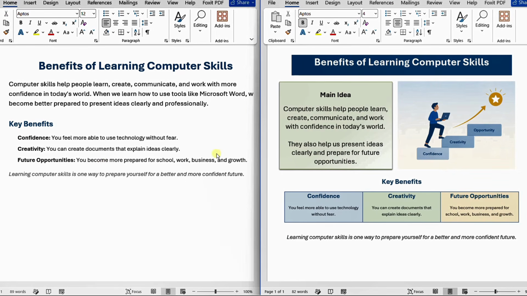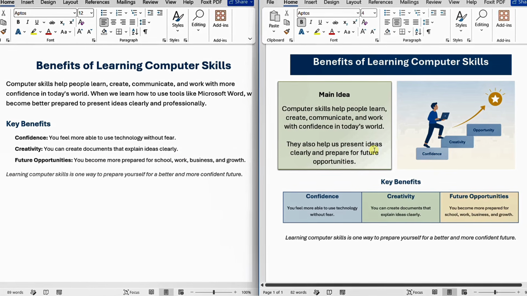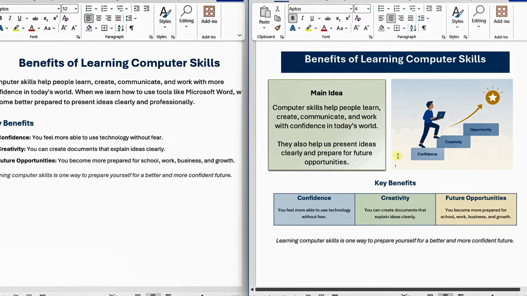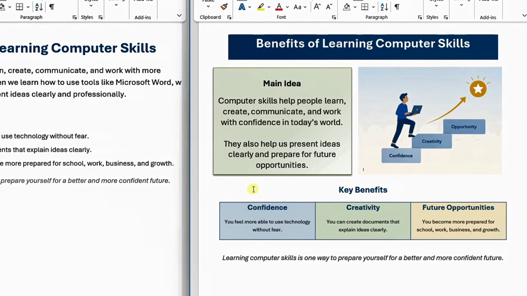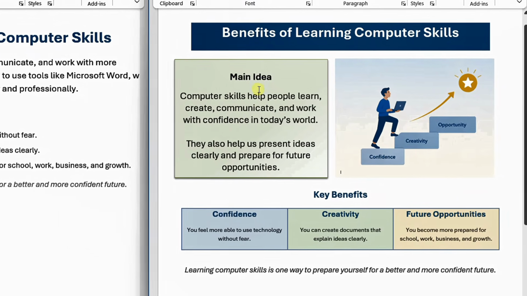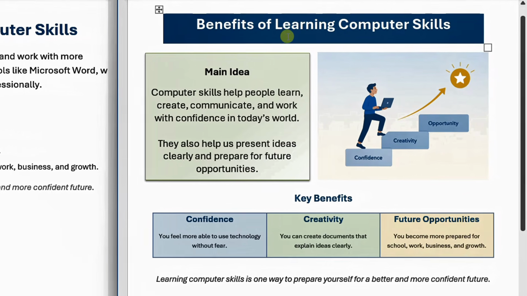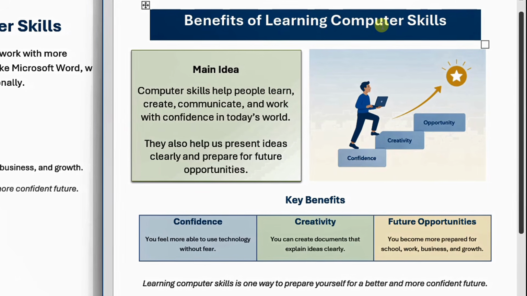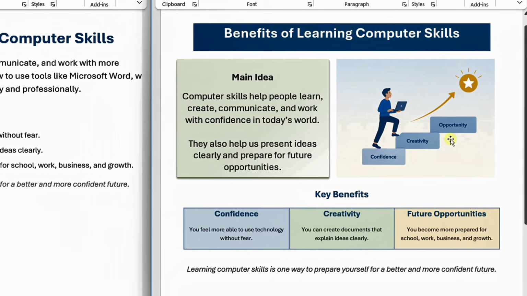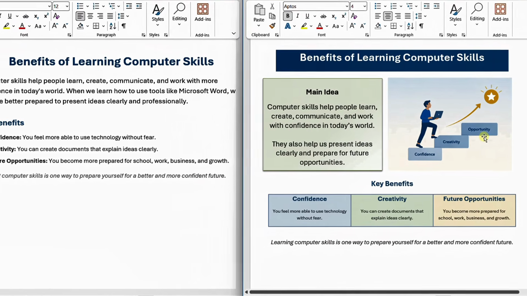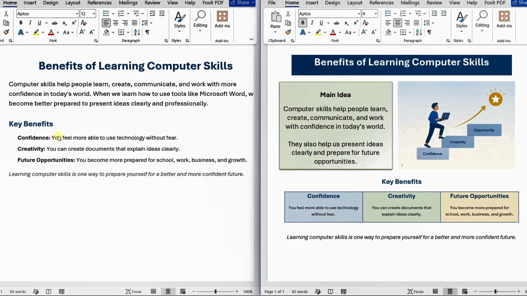Now look at the document on the right. Now the message is almost the same. We are still talking about the benefits of learning computer skills, confidence, creativity, and opportunity. We can see the points on the left: confidence, creativity, and future opportunities.